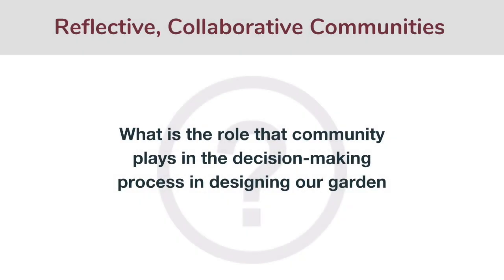One key idea that students will reflect on is the role that community plays in the decision-making process about the garden. To reflect on their experiences and generate deeper understandings, we will ask students to reflect on what-if questions that require students to engage their imagination and apply what they've learned in different contexts.